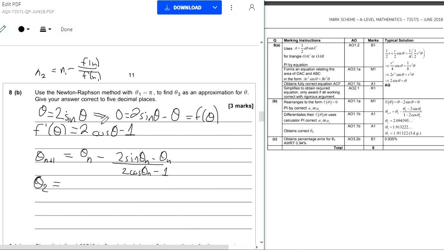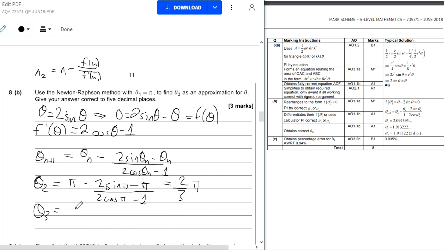So theta 2 is going to be pi minus 2 sine pi minus pi over 2 cos pi minus 1. So, plug this into a calculator, and then, to do the third one, you literally plug it back in to get your last one. You don't actually have to show you plugging it in, so as long as you do it once, it's fine.